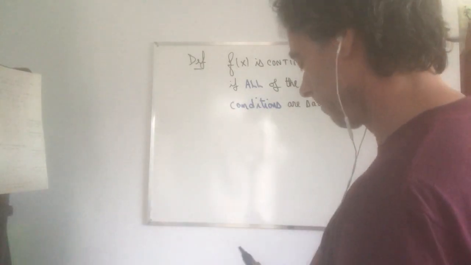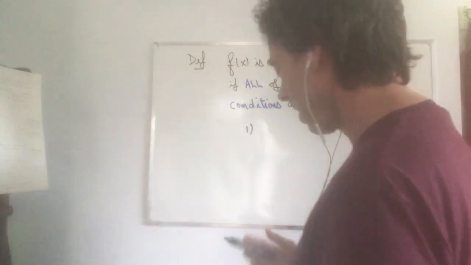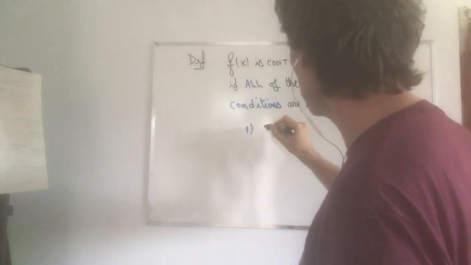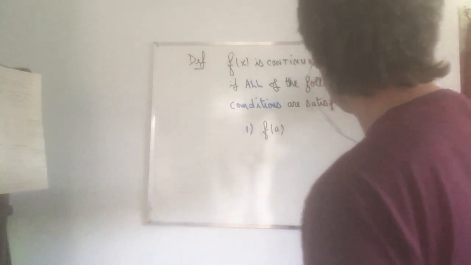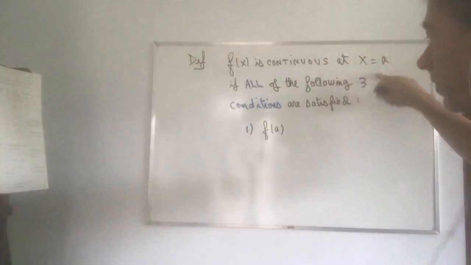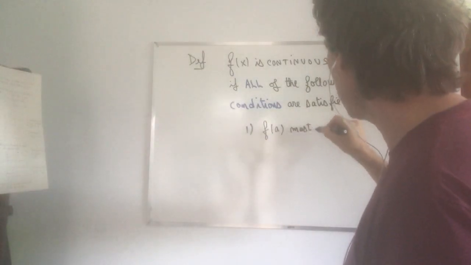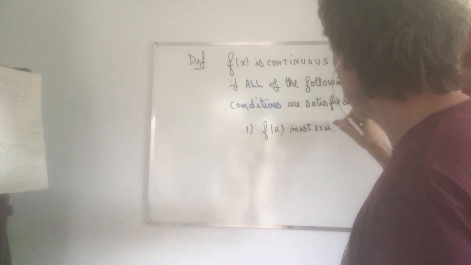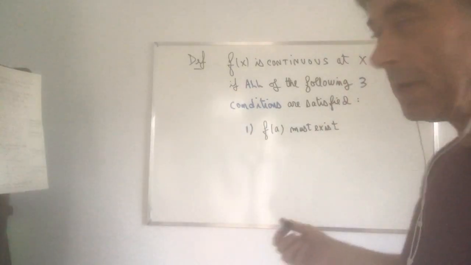The first condition: f of a, the function evaluated at the very point a we are investigating, must exist. What does that mean? It can't be "does not exist", it can't be DNE.